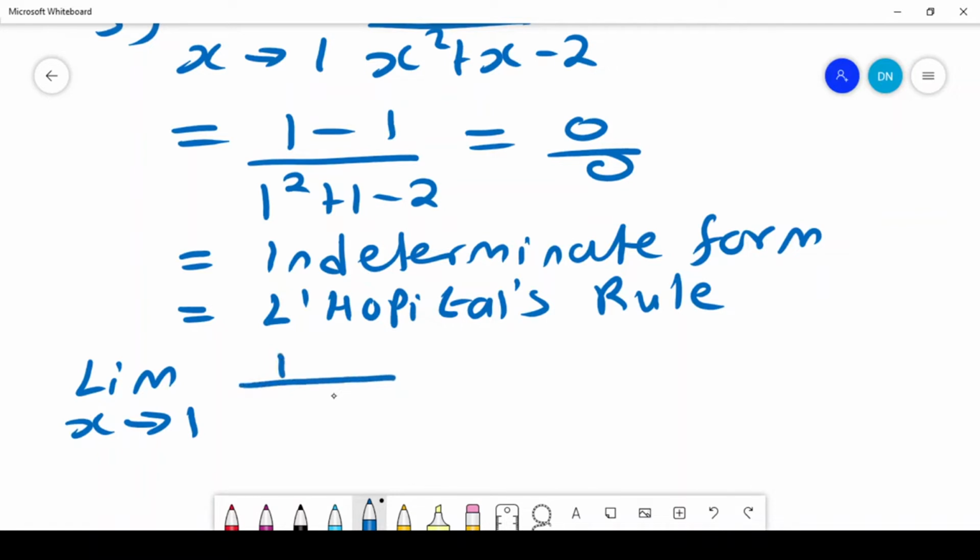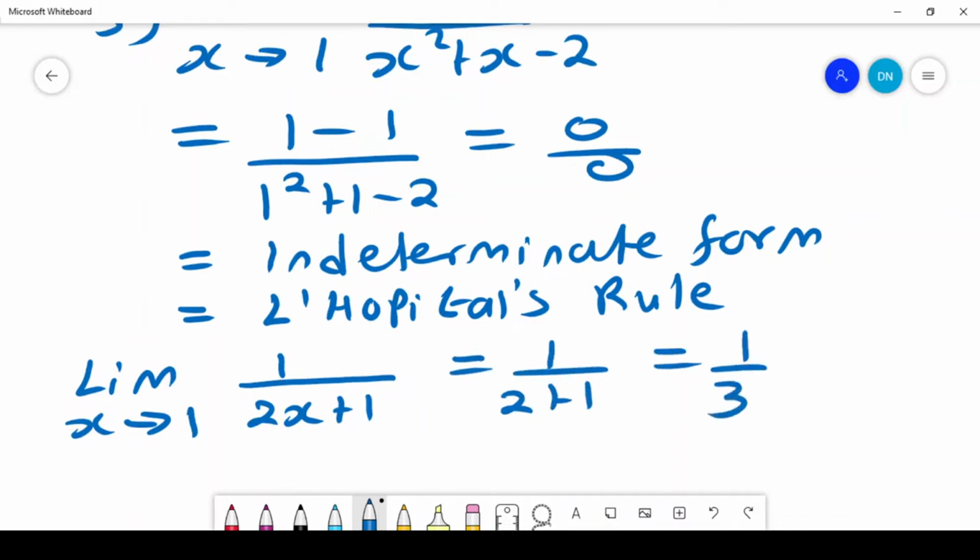And when I differentiate the lower part, it will give me 2x plus 1. And when I replace x with 1, it will be 1 over 2 plus 1, which is a third. So that's how I would approach that when I get the indeterminate form of the problem that I have.